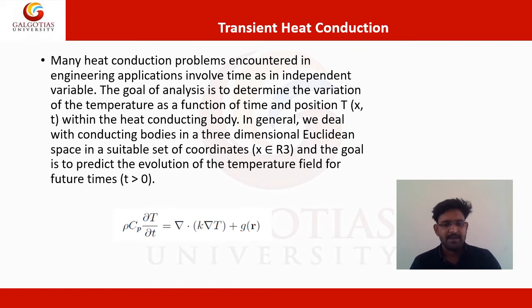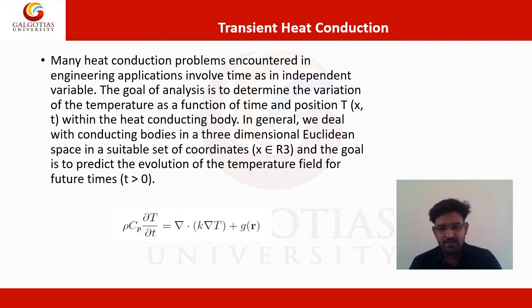Hence we investigate solutions to selected special cases of the following form of the heat equation. Here it is written: rho Cp del T by del t equals del dot (K del T) plus G(r). So on this side is rho Cp del T by del t, and the other is del dot K del T, the divergence of the temperature gradient, plus G(r).